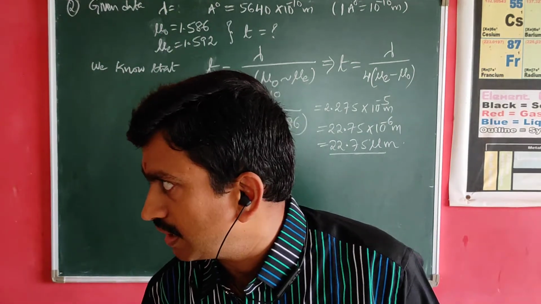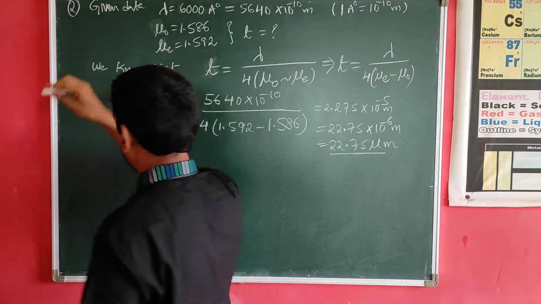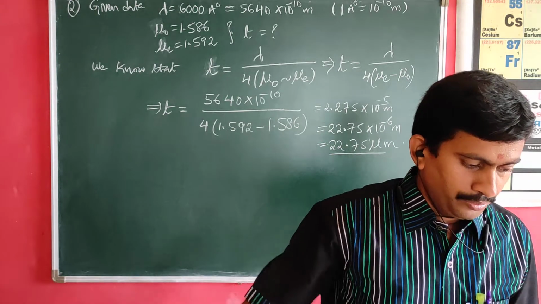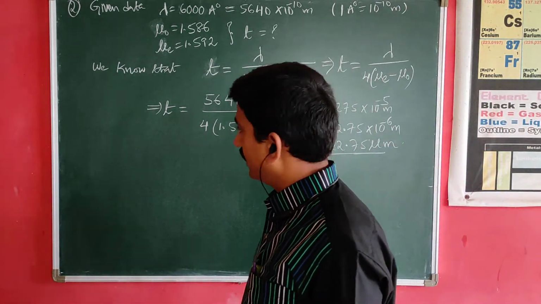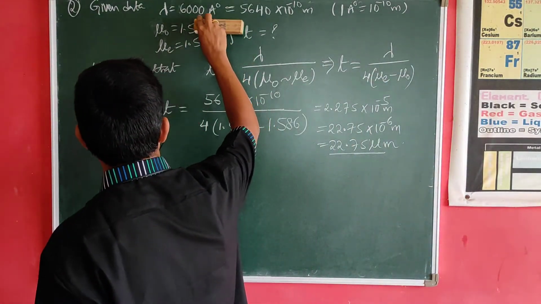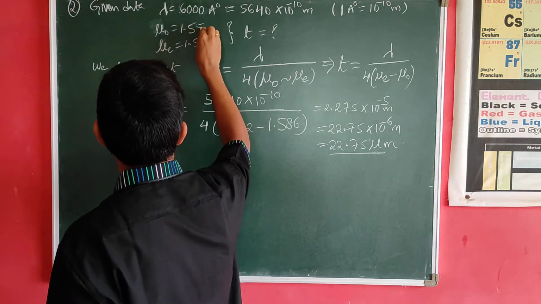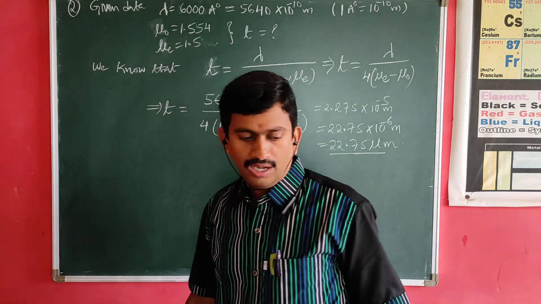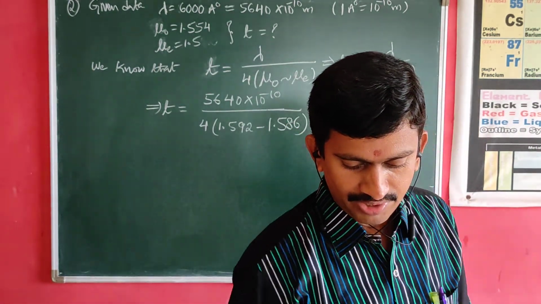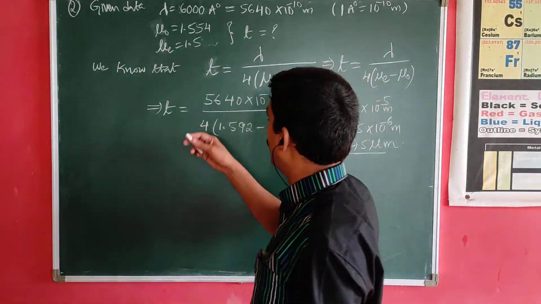A light of wavelength 6000 angstroms was given, and mu O, the index of refraction for the ordinary ray, is 1.554, and mu E, the index of refraction for the extraordinary ray, is given by 1.544.